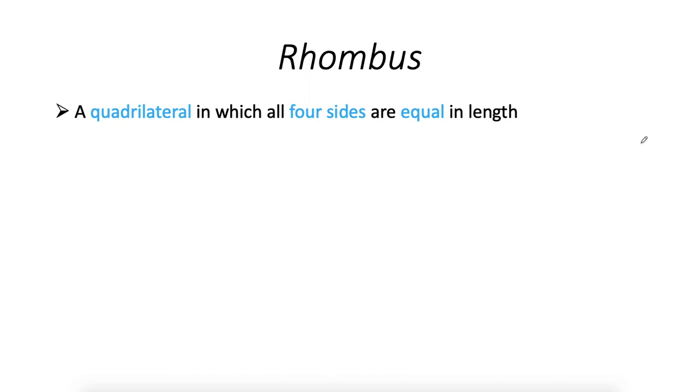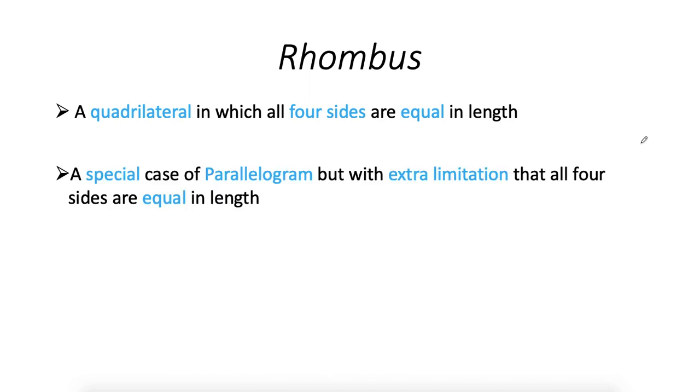Now let's move to the rhombus. Rhombus is another type of parallelogram, but with some limitation. First thing, what is a rhombus? That is a quadrilateral in which all four sides are equal in length. And this is a special case of parallelogram with the extra limitation that all four sides are equal.